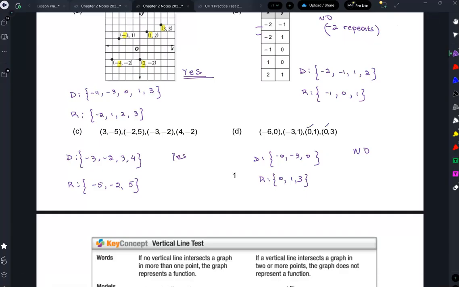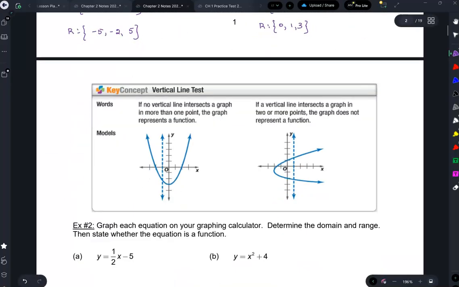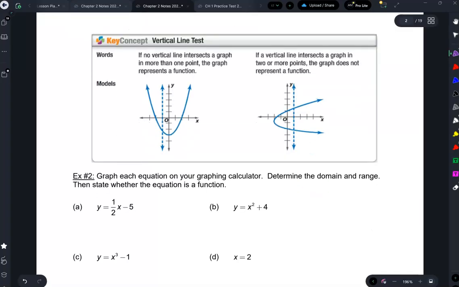Okay. So if you have your relation presented in one of these forms, like coordinate points, table, or graph, you can use this to see if it's a function. If you have the graph, though, there is another way to test for a function. That is the vertical line test.